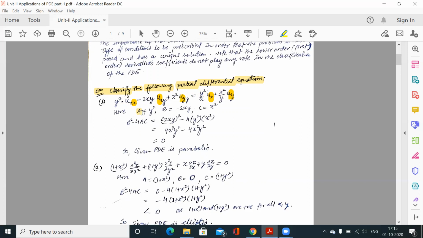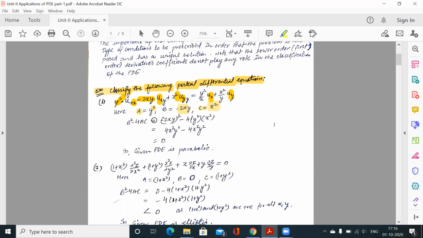So a is y square. Next, b is the coefficient of the mixed second order derivative, uxy. So it is minus 2xy. And c is the coefficient of the remaining second order derivative, uyy, the coefficient is x square. So c is x square. Clear?